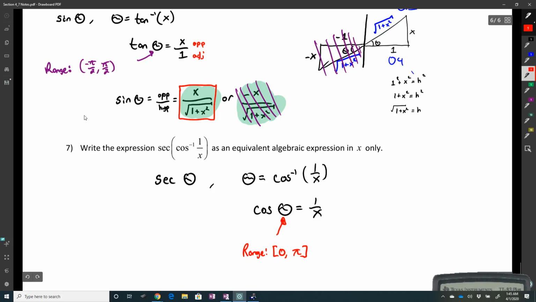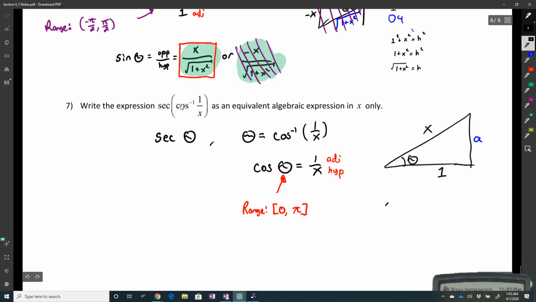And cosine is adjacent over hypotenuse. Well, the hypotenuse is always positive, so the only way that this could be positive is if the top is also positive, which means that this has to be in quadrant 1. So the only possibility here for this one is quadrant 1. So adjacent, there's your x.